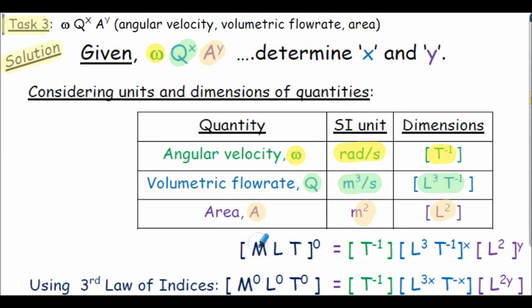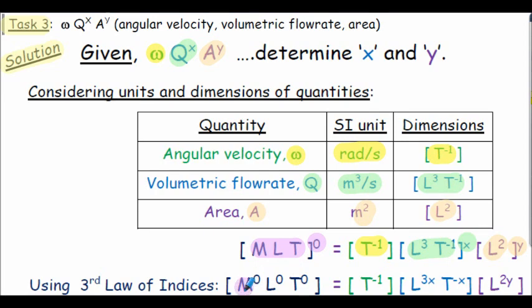So all these tasks are non-dimensional expressions, so left hand side M L T to the power of 0, and that's equal to on the right hand side our omega dimension, the flow rate dimension raised to the power of x, and the area raised to the power of y. All I've done on the next line is simply use the third law of indices to express the equation with slightly more clarity.